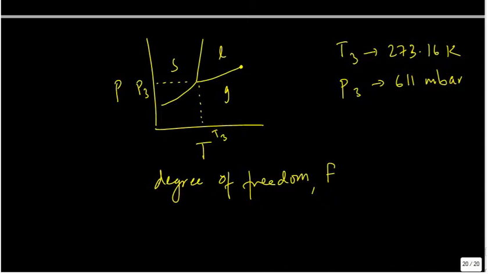I hope the number is correct. Anyway. Now, the thing is that these two, both temperature and pressure, are both fixed. I cannot change anything for the triple point. If I change anything, I will not be at the triple point. Which means my degrees of freedom now are 0.